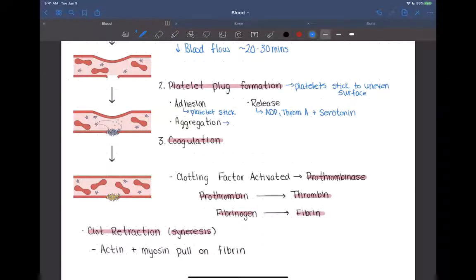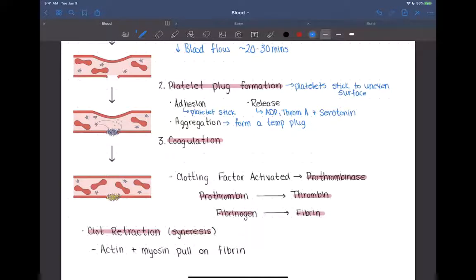Aggregation is just the further accumulation of those platelets, and that is going to form a temporary plug, because we're going to have a permanent plug in a little bit. Our platelet plug is kind of like a temporary band-aid. If you have a wound, that's kind of like a band-aid you would put on it, and then maybe you need stitches, so you go to the ER and get a more permanent solution. So this is our temporary plug.